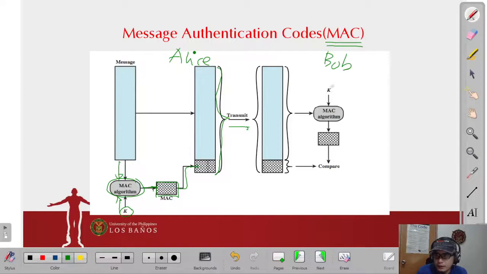Bob is going to extract the message, and since Bob knows the key from Alice for the MAC, he will generate a MAC and then simply compare the two MACs. If they are the same, then this means that the message is authentic. So that's pretty neat when it comes to authentication.